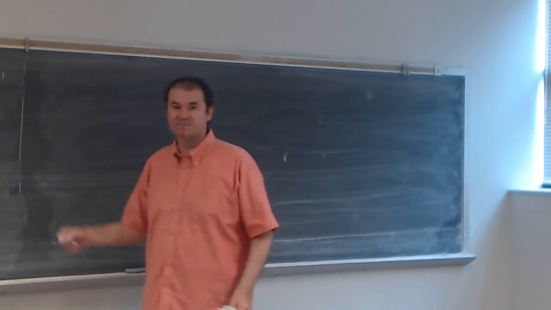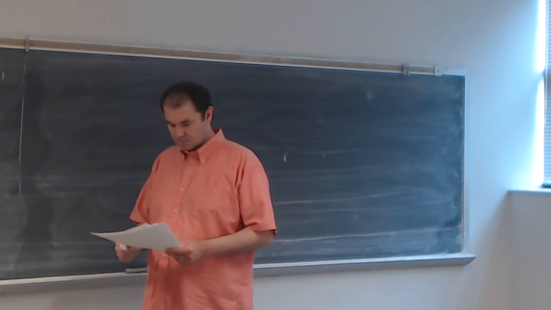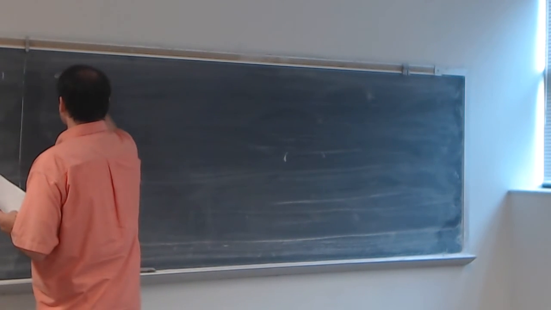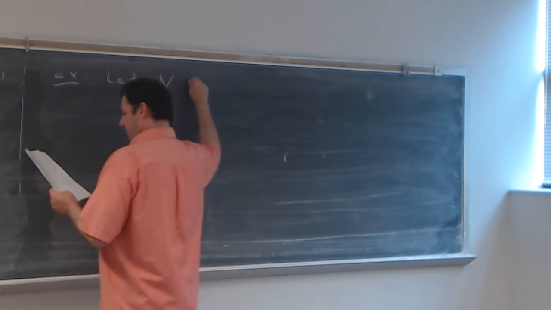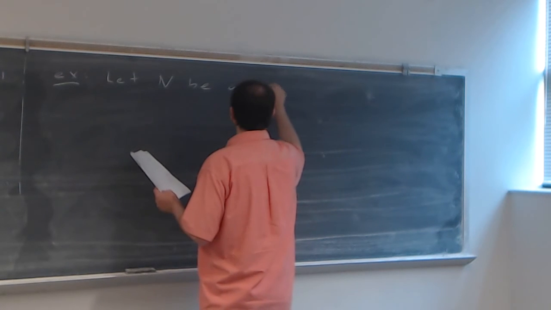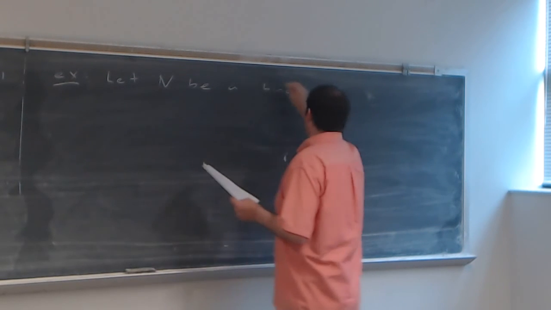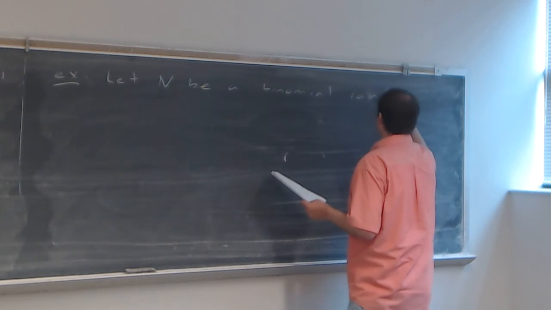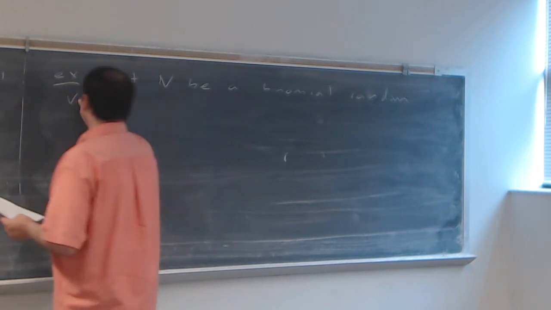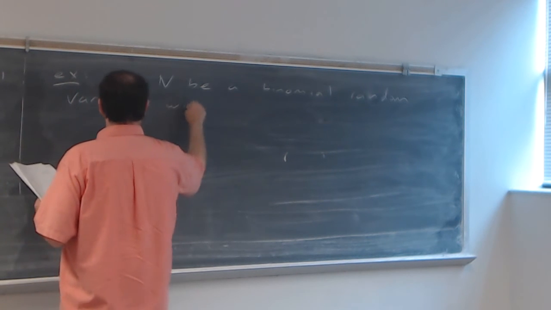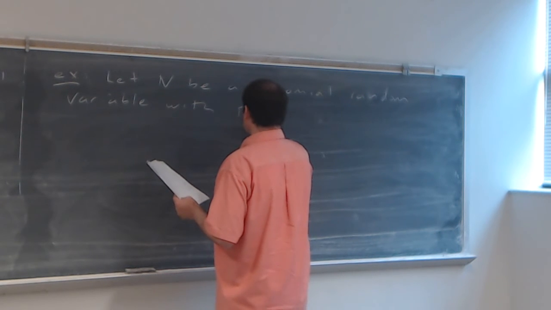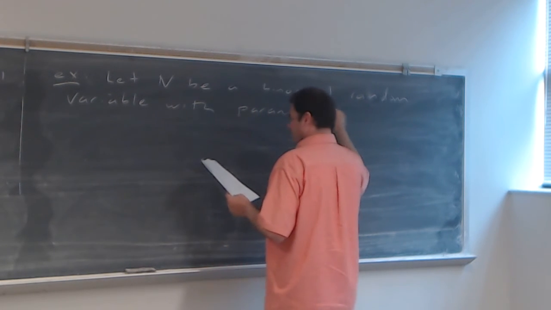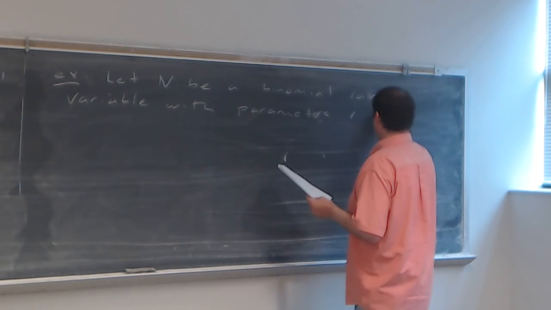So the iterative effect of that corollary, because of using a binomial random variable, is going to cause more computation to be done. So let N be a binomial random variable with parameters R and P.